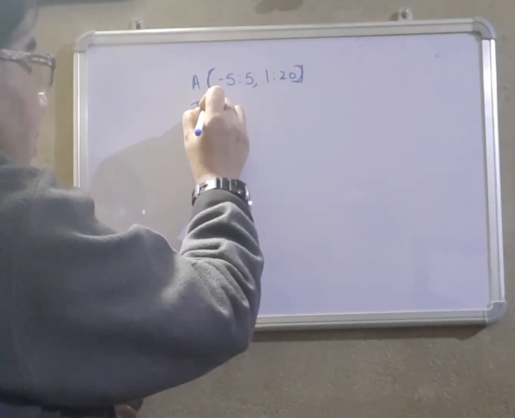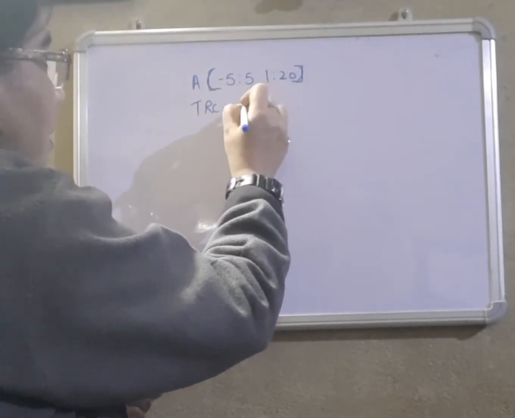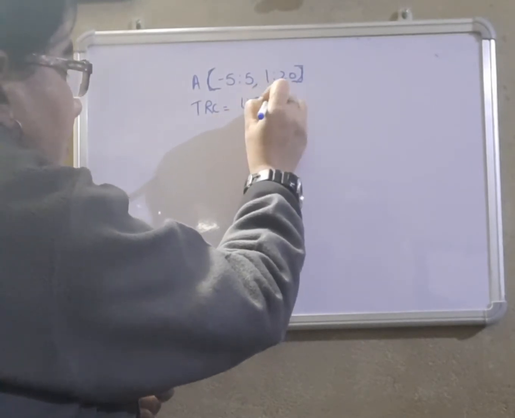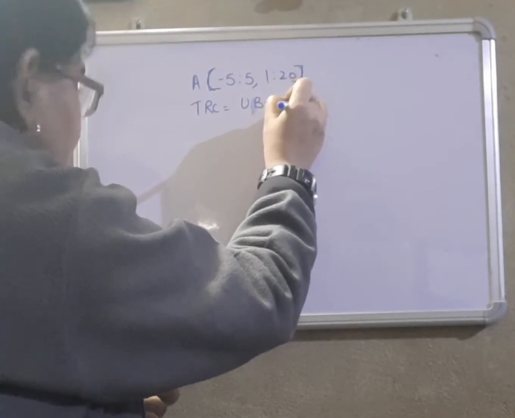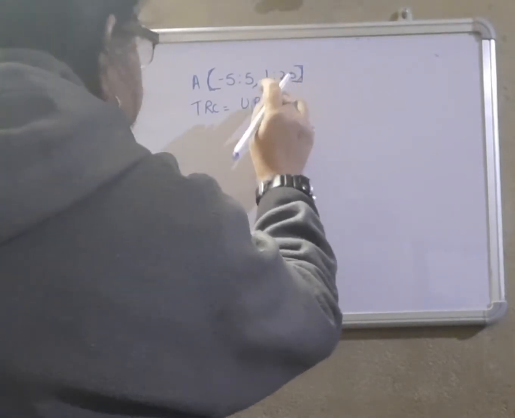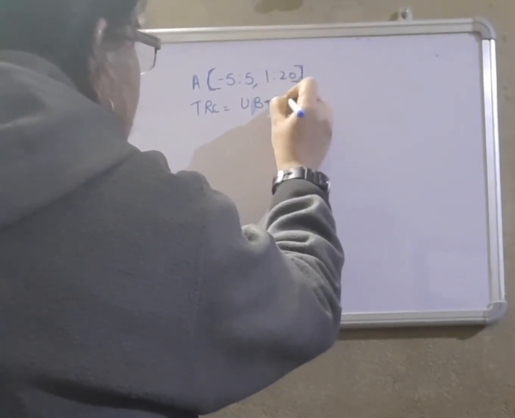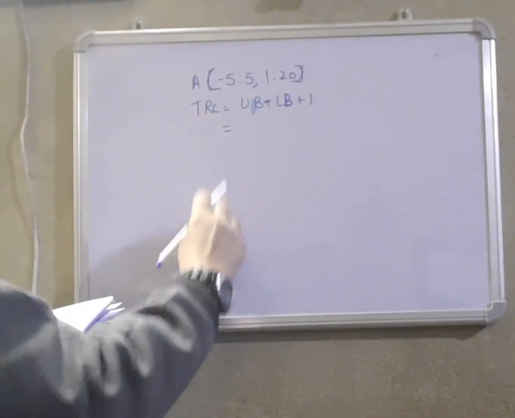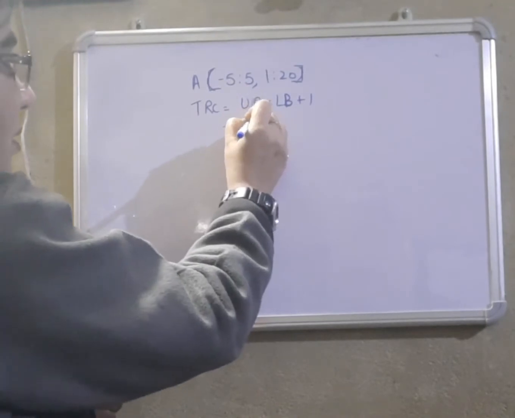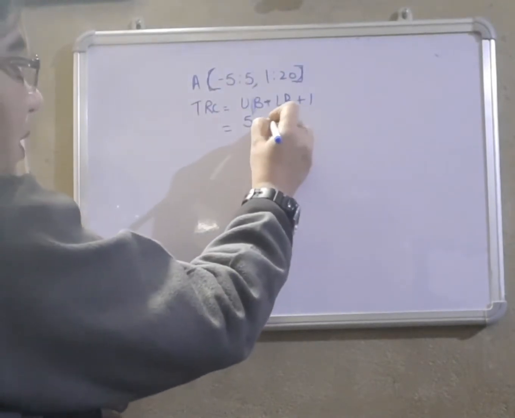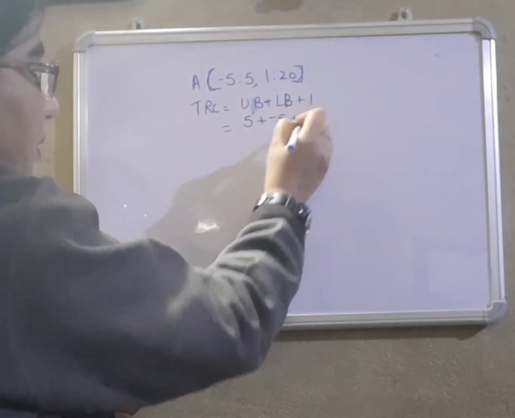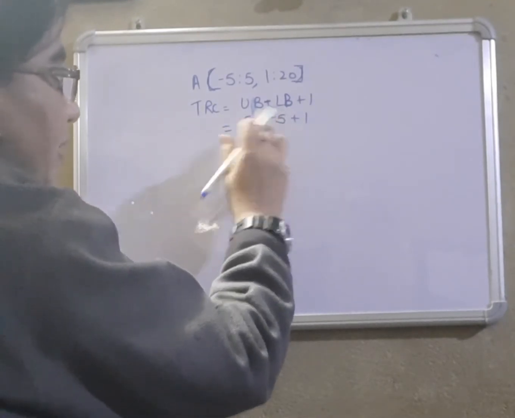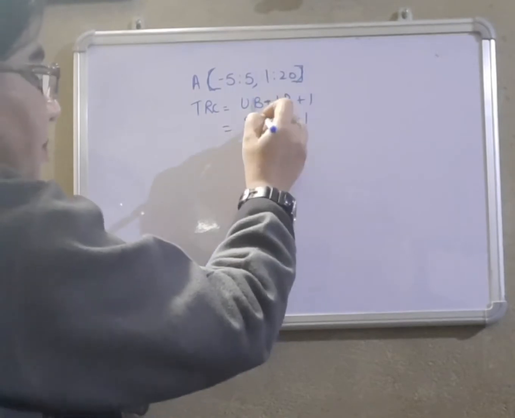There is only one formula. Total row and column is upper bound minus lower bound plus 1. So here upper bound in rows is 5, lower bound is minus 5, plus 1. So 5 minus minus 5 will become how much?